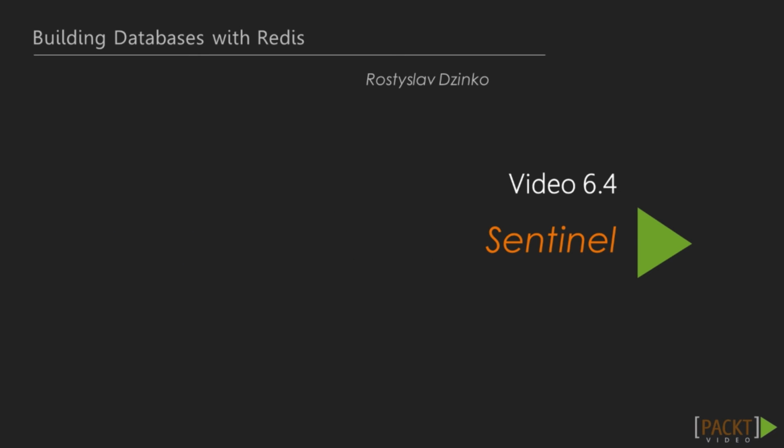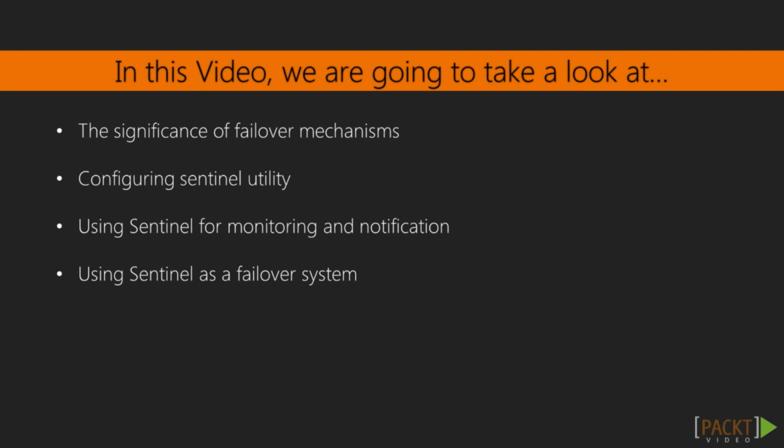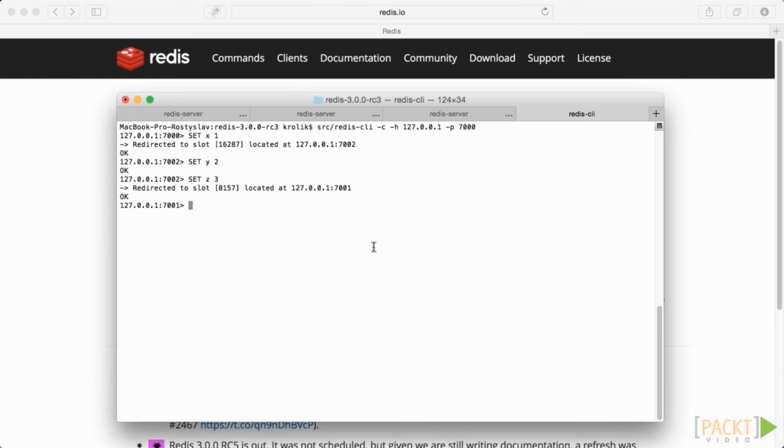In the previous video, we finished discussing scalability, and now we are going to discuss one more important feature of database management systems called failover, which includes failover itself, monitoring, and notifications. While previously we talked about how monitoring can be done with Redis using, for example, the monitor command, this command doesn't fit the needs of production systems, especially if you have a lot of Redis servers.